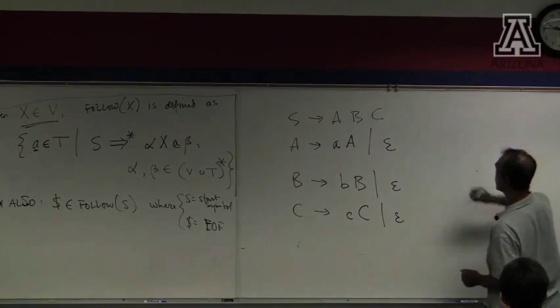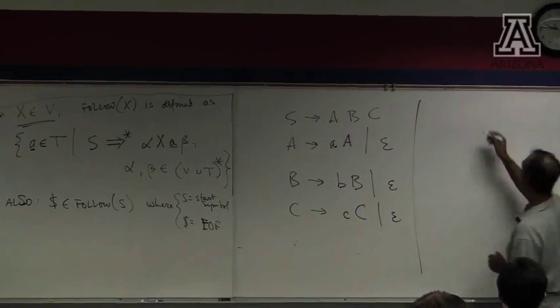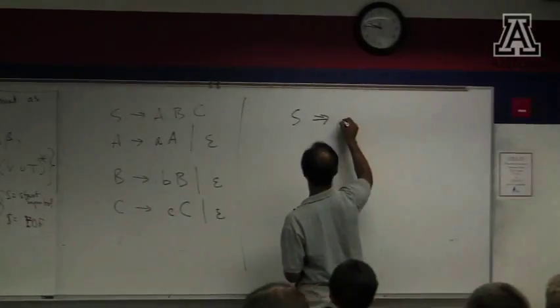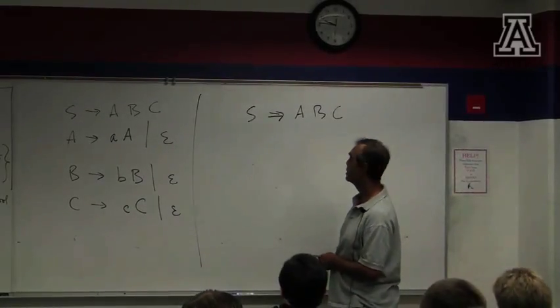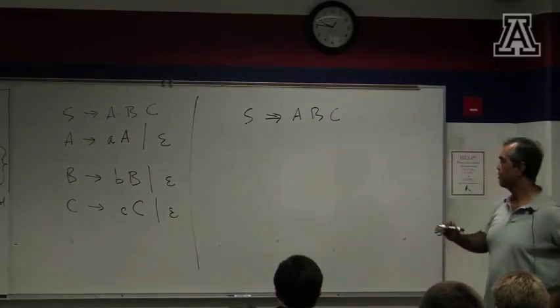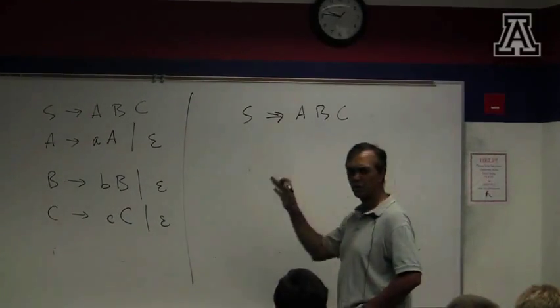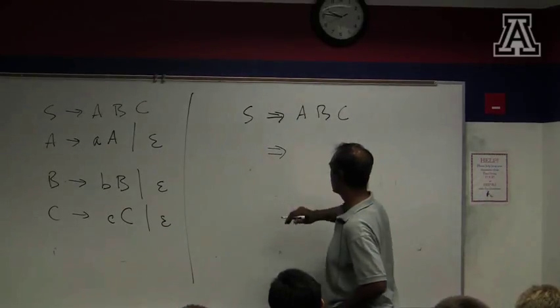Let's look at this grammar. Let's do some derivations out of it. S, A B C, right? So just for illustrating this point, I'm not going to go with leftmost or rightmost or anything. I'm going to do sort of random most.